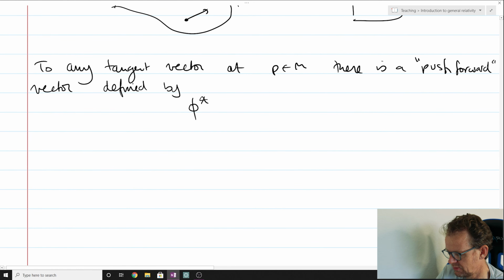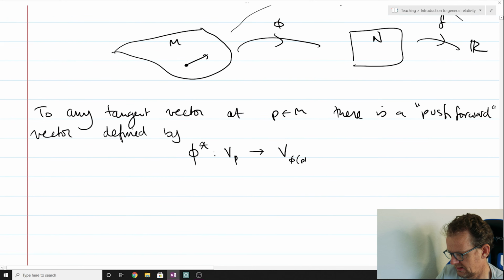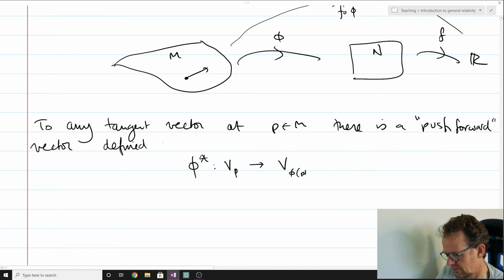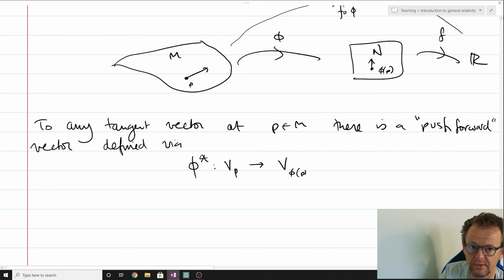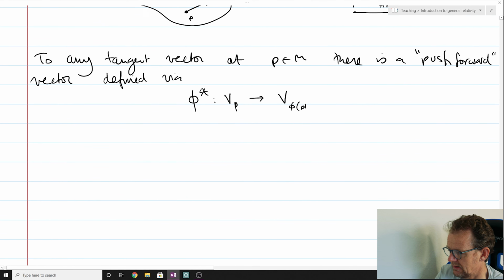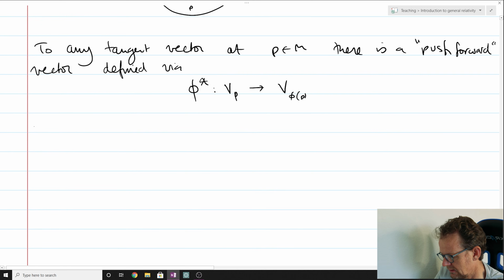And the way you obtain this push forward vector is we set up first a linear map phi star that takes the tangent space at some point P in a manifold to a tangent space defined at the image of this point. So this is the point P, and under phi we have another point, phi of P here. And we obviously will eventually get an image of the tangent vector at P. And how does this linear map work?